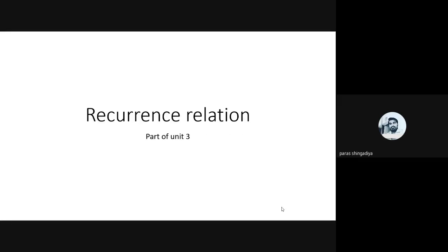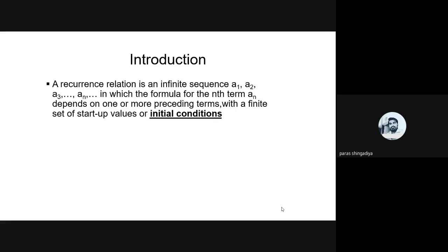So what is the meaning of recurrence relation? The definition is given here. How can we define a recurrence relation and what does it mean?